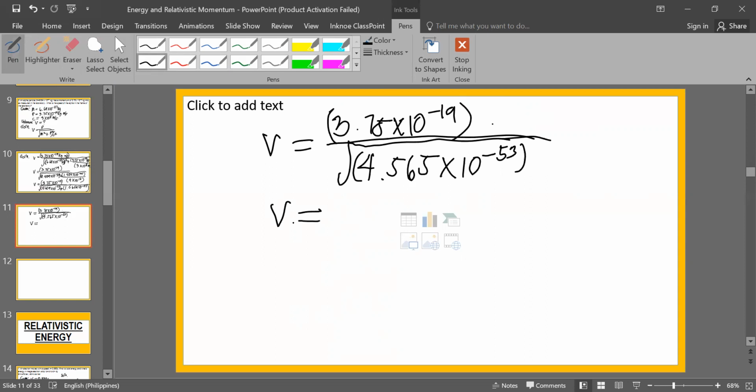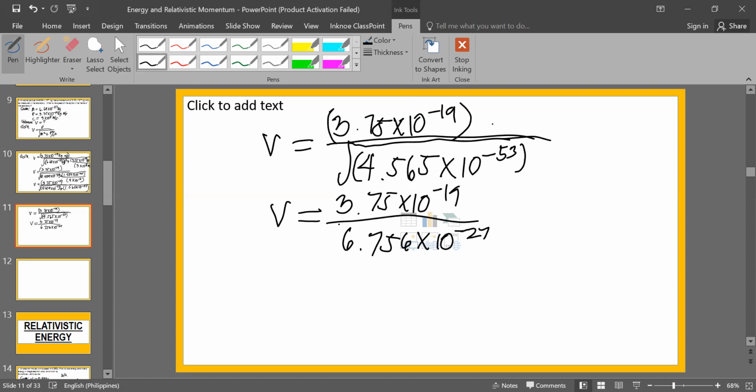Okay. So, ang square root po ng 4.565 times 10 raised to negative 53 ay equal sa 6.756 times 10 raised to negative 27.